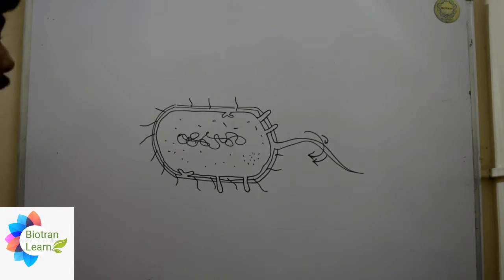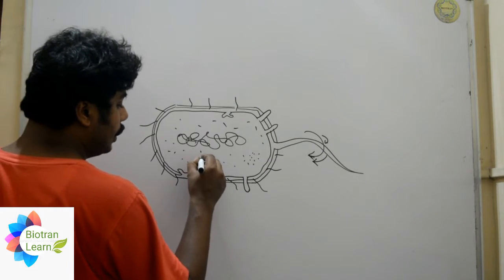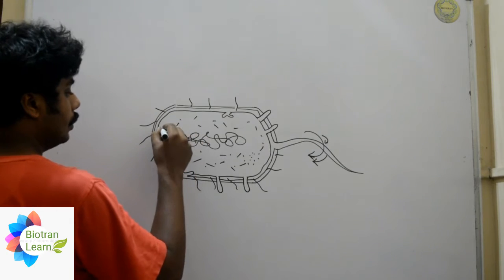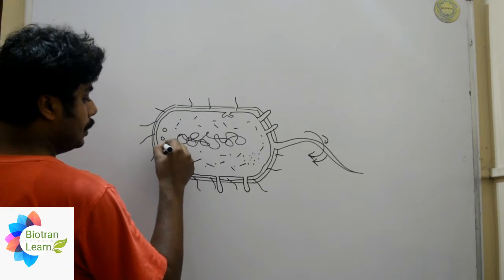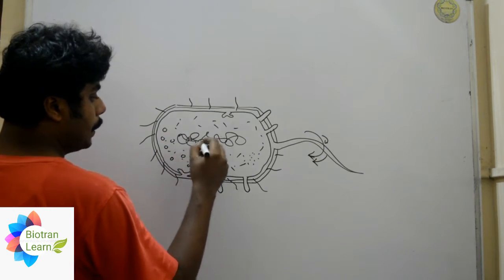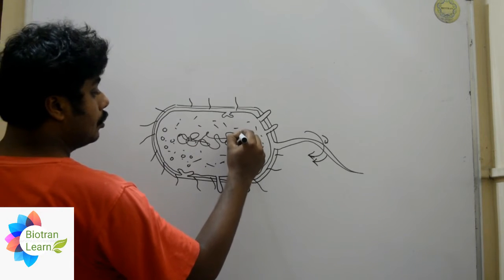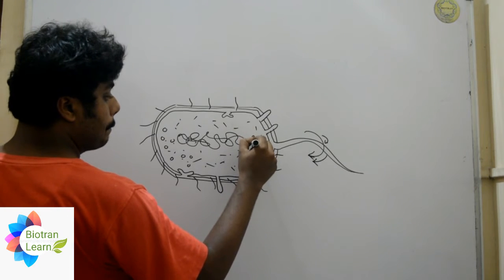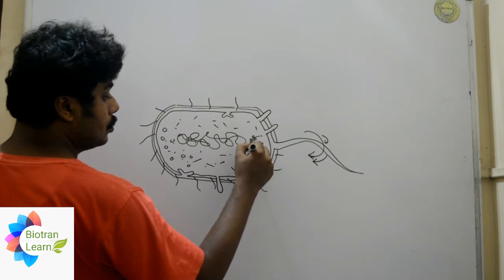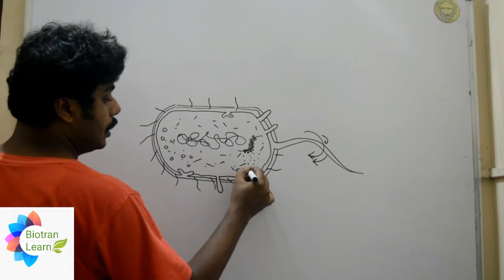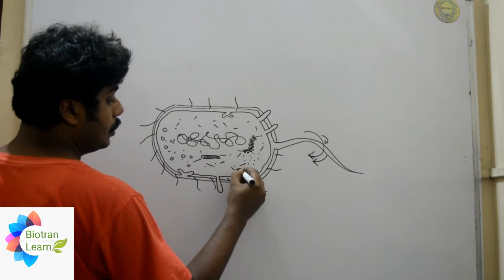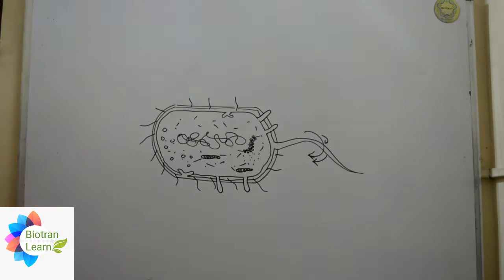Then we will have some short stretch of RNA, certain amount of enzymes in here, then certain amount of polyribosomes, then mitochondria for the energy, right?